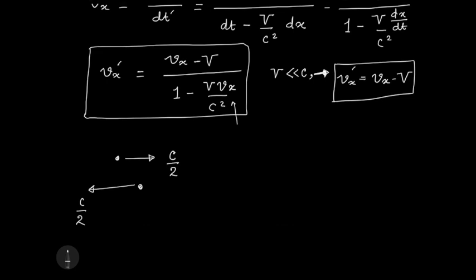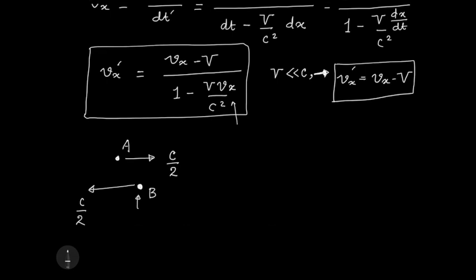So you can imagine that one person moving this way with respect to me with the speed c by 2, another person moving in the right hand direction with the speed plus c by 2. What will the observers in the reference frame of, say, this called B, measure as the speed of the particle A?